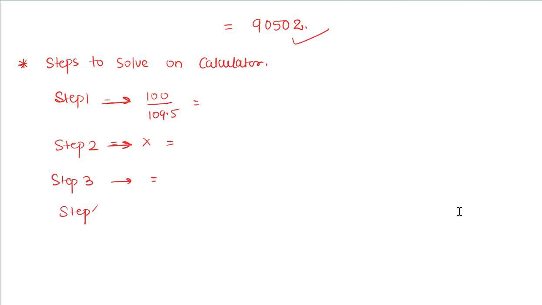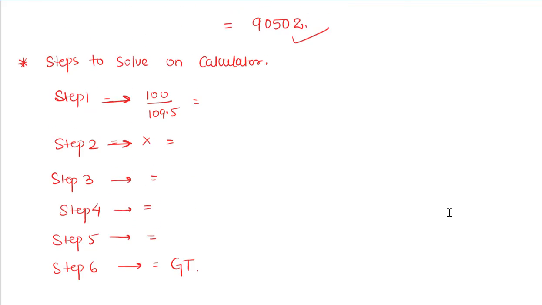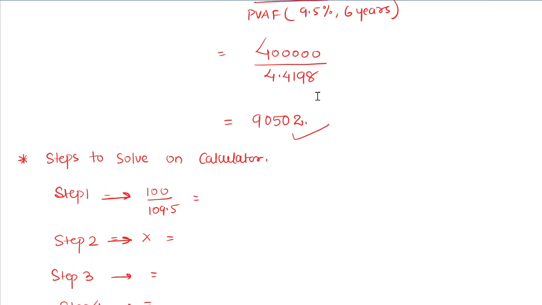Step 4 equal to, step 5 equal to, step 6 equal to, and then press GT. What you'll get is 4.4198. PVAF is 4.4198.